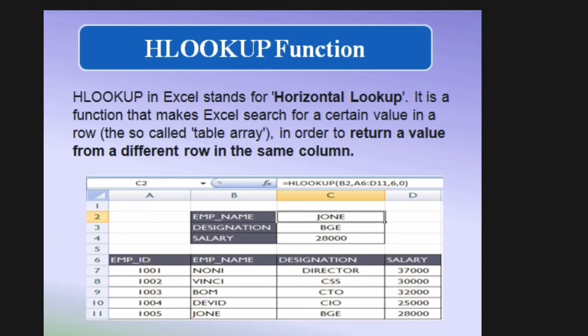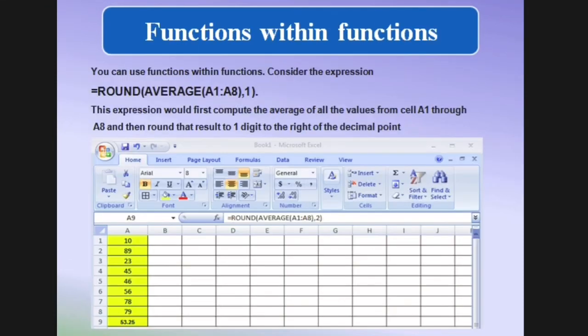Function within function. You can use function within function like here given equals to ROUND in bracket AVERAGE and then range A1 to A8 here given, and here 1 is your digit to the right of the decimal point.